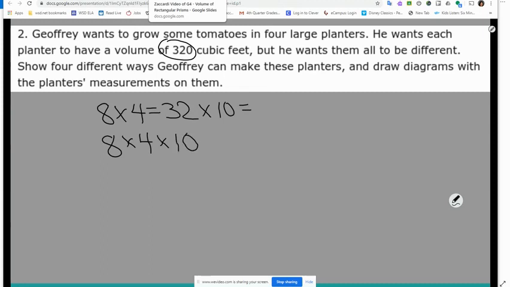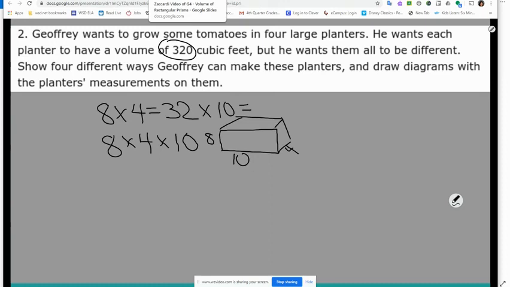And it says to draw the diagrams. Okay, so I'm going to draw me a 3-dimensional shape. And it's actually pretty simple. And I would say this would be 10, and this would be 8, and this would be 4. Okay? And so you're going to do that 3 more different times with different numbers.